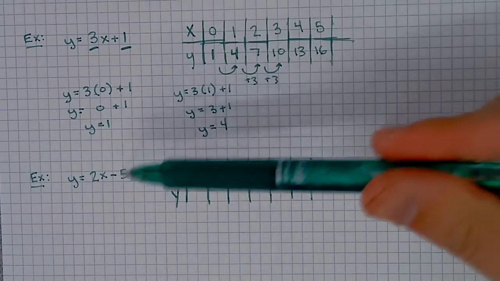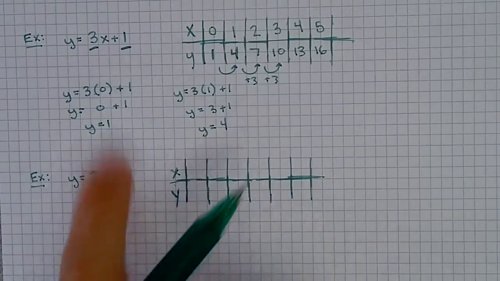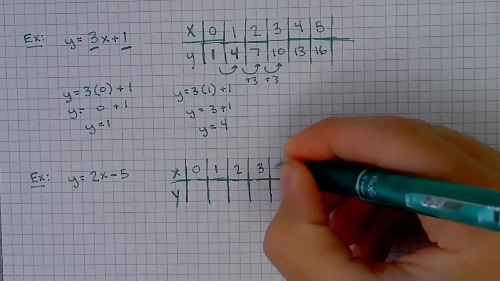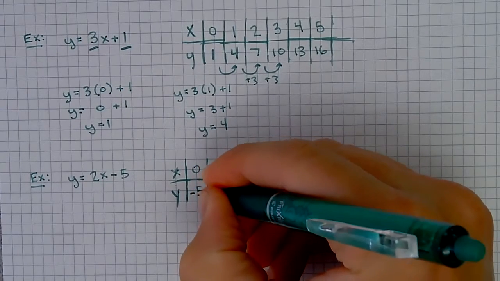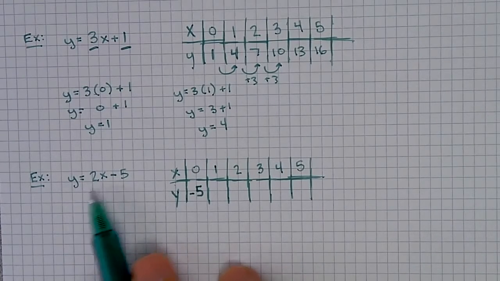All right, so again, we're taking our equation, trying to put it into a table. What is my starting value going to be when x is equal to 0? Very good, -5. So I start at -5.